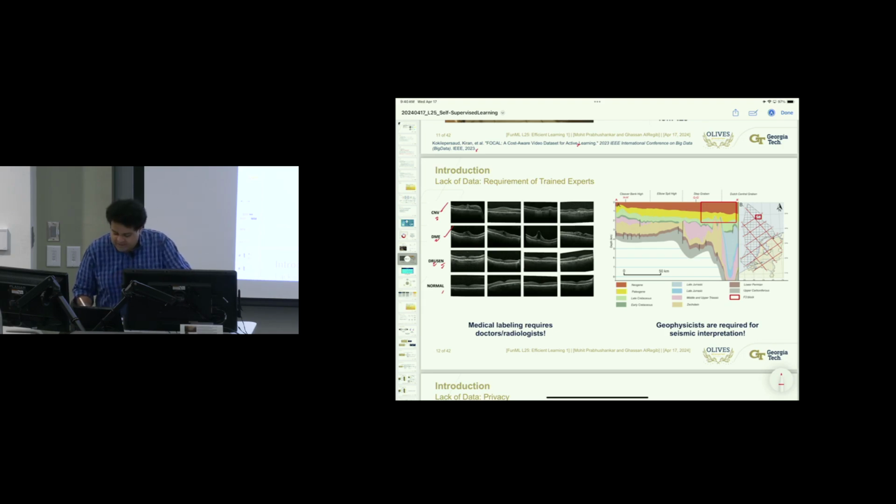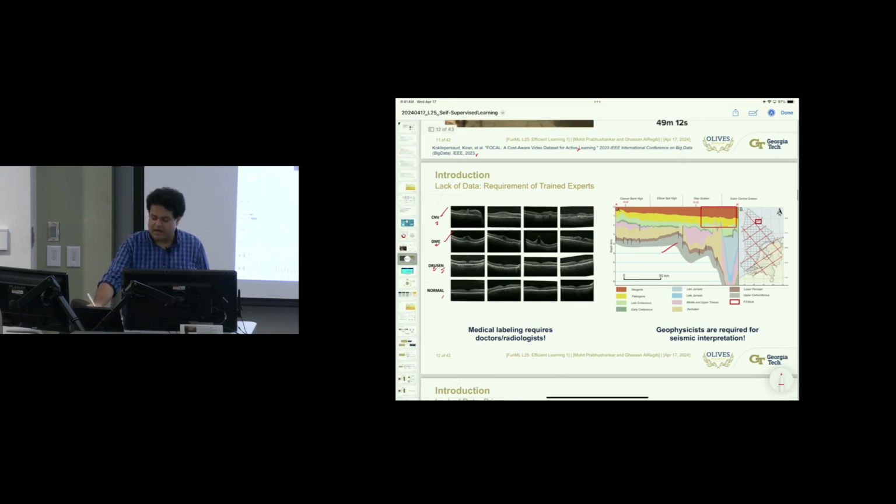Same thing on the right-hand side as well, like geological processes. If you take the Earth's surface, the subsurface images, it's a very important process in trying to detect earthquakes, for carbon sequestration, and many other applications. But again, if we look at this kind of an image, it's very hard for us to say what exactly this particular image belongs to, or which segment it belongs to.